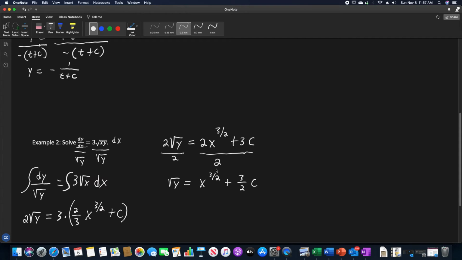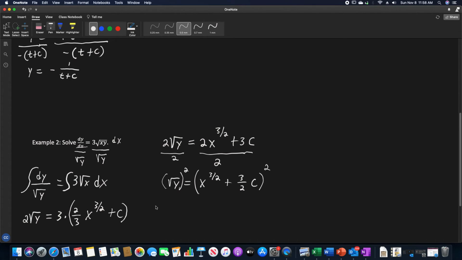But of course, c is an arbitrary constant. We don't really know what that is. We now would need to square both sides of this, and we're going to come up with 2 cases when we do this.